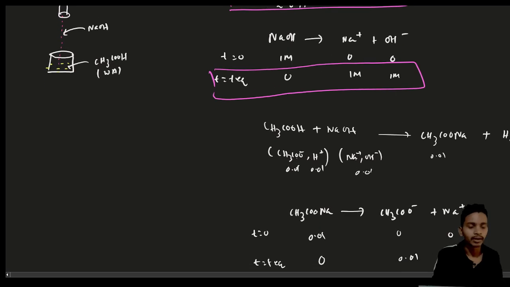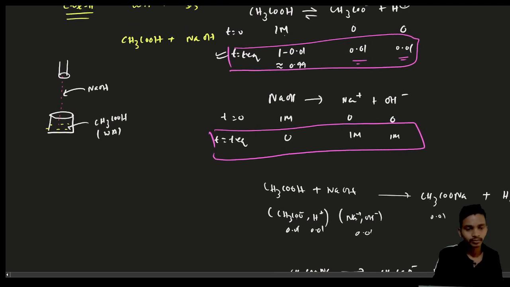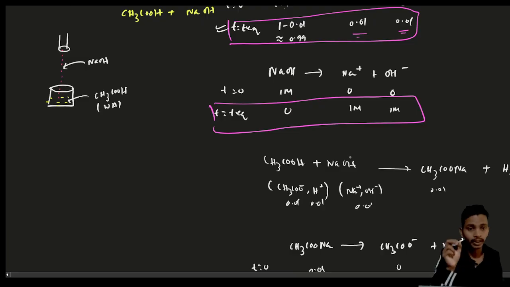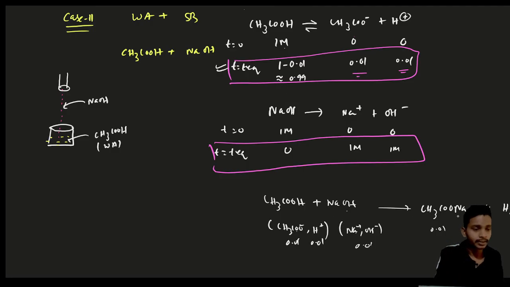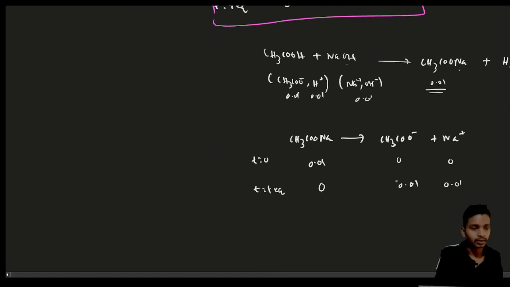So now what happened there, one drop whenever you add, this has happened: it reacts with NaOH, and this forms, this amount of this forms. Now this forms and again becomes a completely strong electrolyte, so it completely dissociates and forms this, and this is present in the solution.